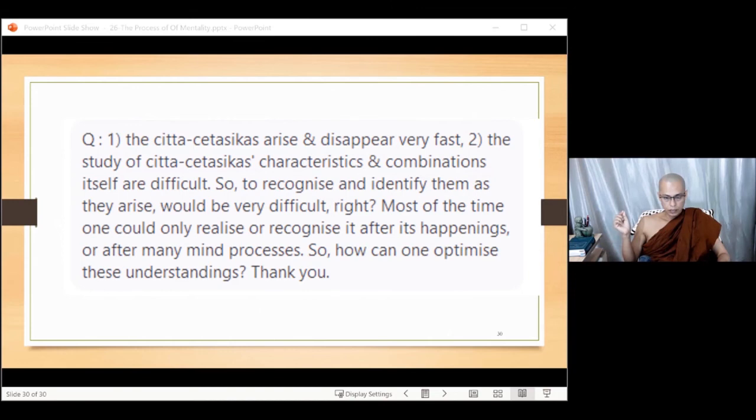So it's not necessary to know every mentality whenever they arise. That's why it is also impossible to know everything.